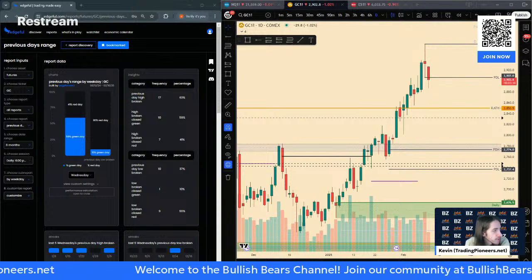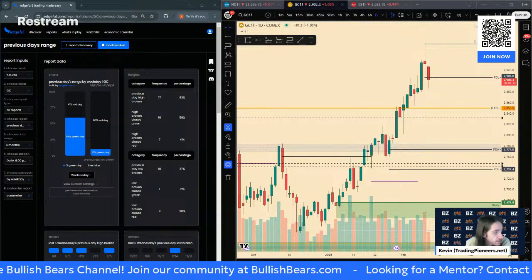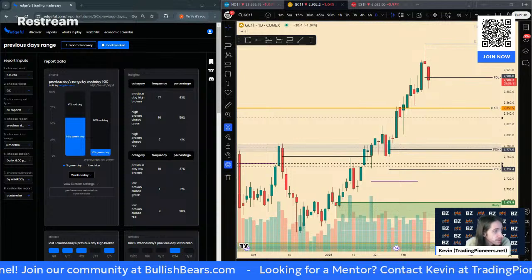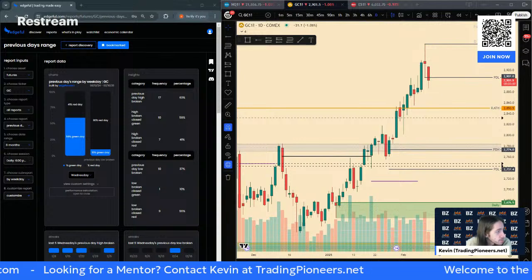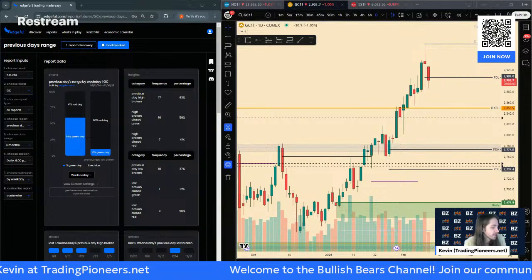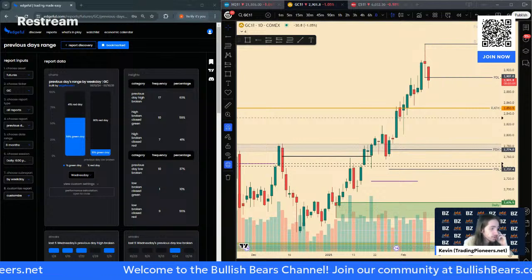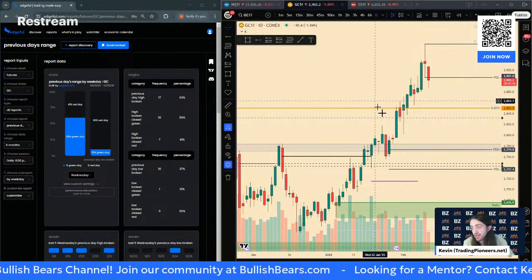But trend-wise, we got to remember stats versus trend. Right now, the trend is still a bit more bullish. The stats are telling me to be a bit more bearish. So what I'm going to do is be patient and let the market come to me and give me some type of idea on, are we bullish, are we bearish, or should I remain neutral and not take any trades at all?